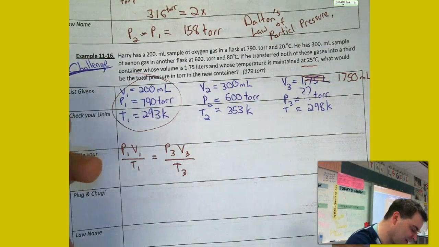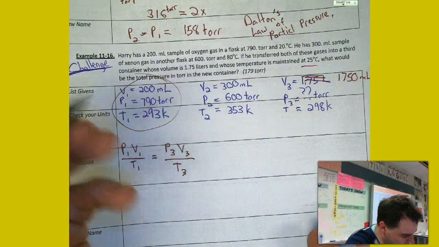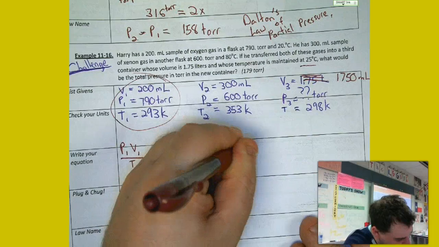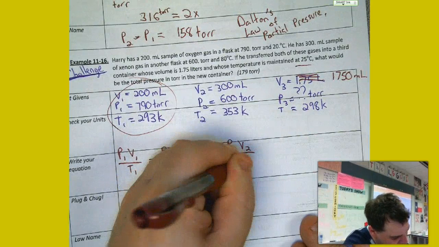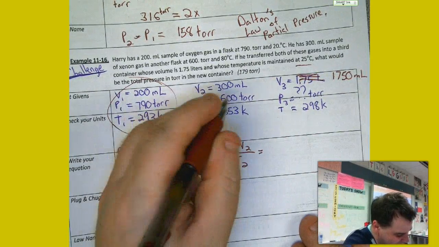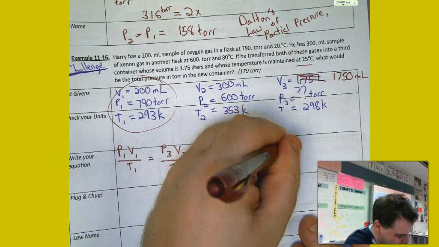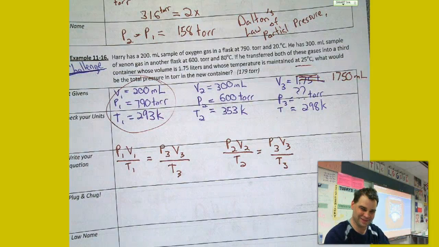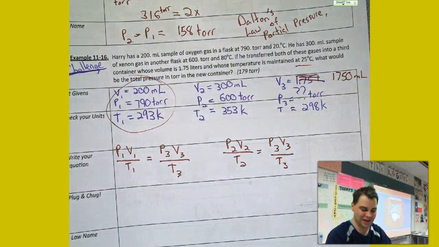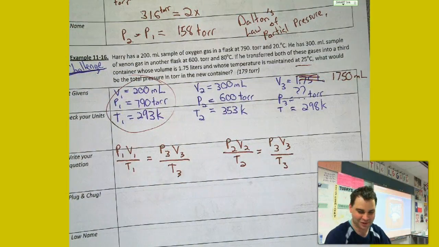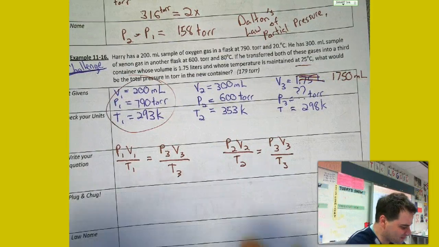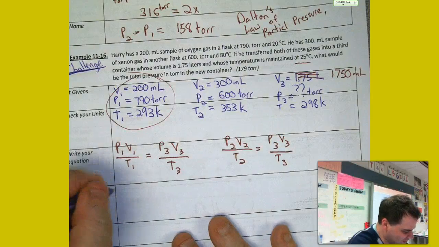Xenon's not going to react with oxygen because it's a noble gas. So we're going to use this equation, P2 V2 over T2 equals P3 V3 over T3. Once I get those two answers for P3, I'm going to add them up and I will have a total pressure.